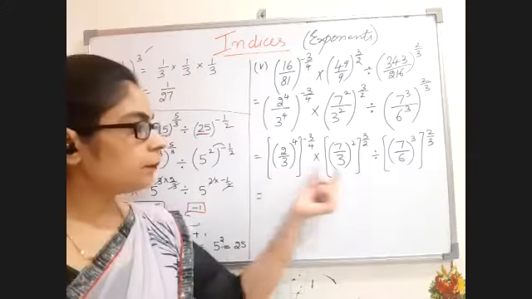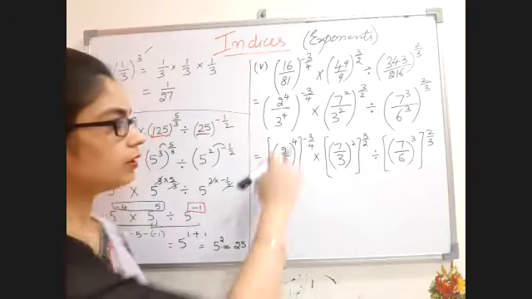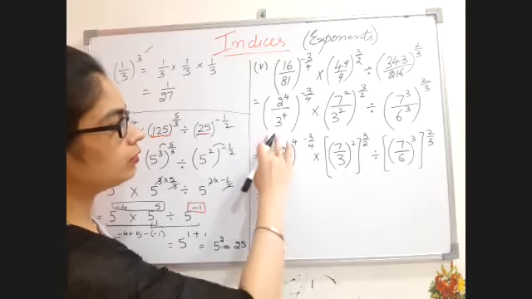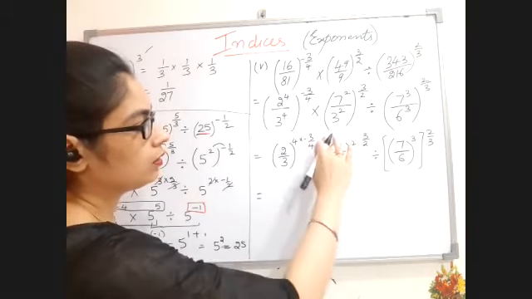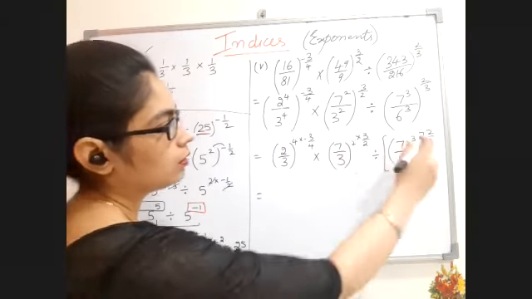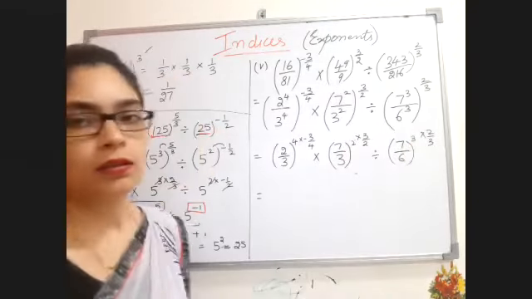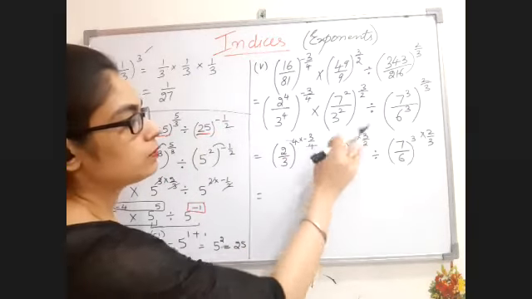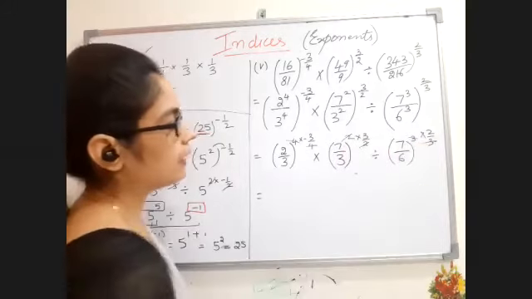Now all the numbers have two powers, so let's make them a single power. Let's convert these powers into a single power. So we can multiply. You have to do it as a next step; here itself I am doing it. Power rule we are applying. So this 4 and this 4 will get cancelled, this 2 and this 2 will get cancelled, this 3 and 3 will get cancelled.